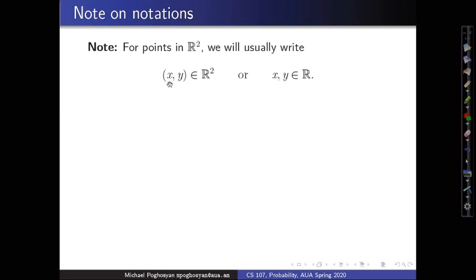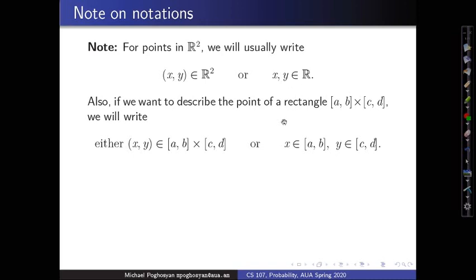Either I will write the point (x, y) is in R2, or I will write just the coordinates x and y are in R. And if I want to describe points in a rectangle, the rectangle [a,b] times [c,d], so this is a Cartesian product, if I draw that rectangle, x is from a to b and y is from c to d. So this is our rectangle.